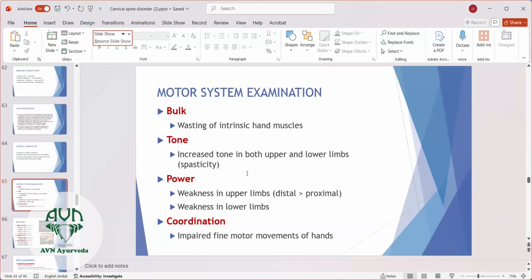So on examining the motor system, muscle bulk shows wasting of intrinsic muscles of the bilateral hands, the muscle tone is increased in both upper limb and lower limb, and spasticity is there. Muscle power shows weakness in the upper limbs and lower limbs, with upper limb weakness more than the lower limbs. Coordination shows impaired fine motor movements of the hands.